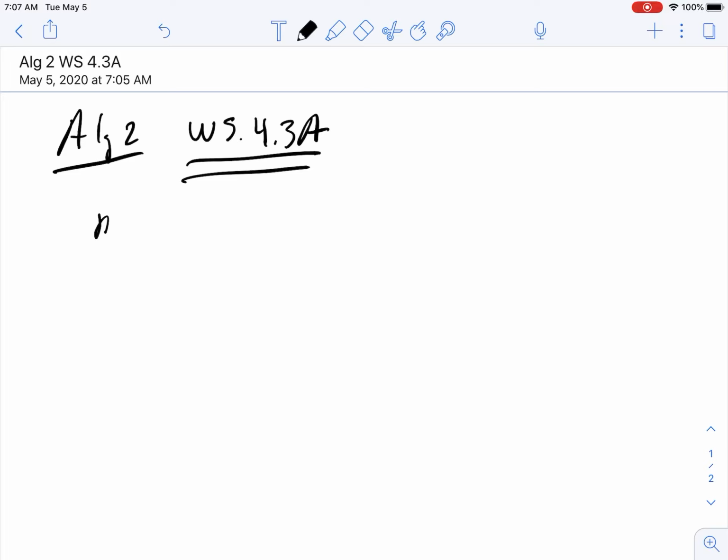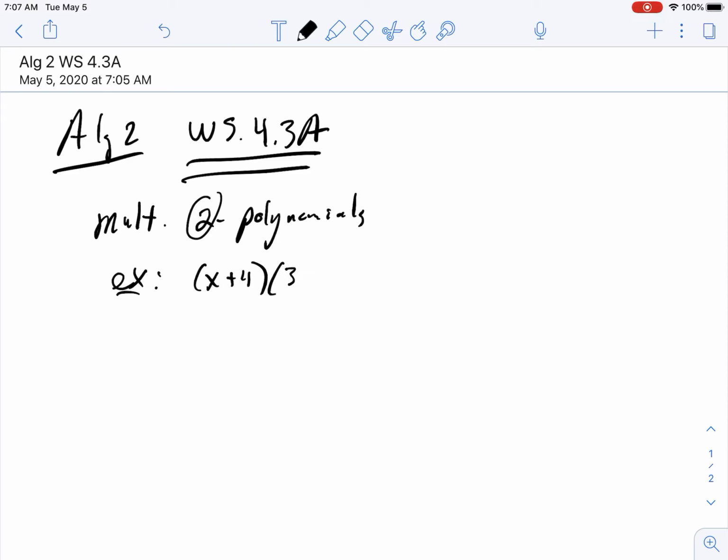We've learned how to multiply two polynomials, and sometimes even more, where this could be 3 or 4. For example, if I have x plus 4 and 3x minus 7, we can create a box.